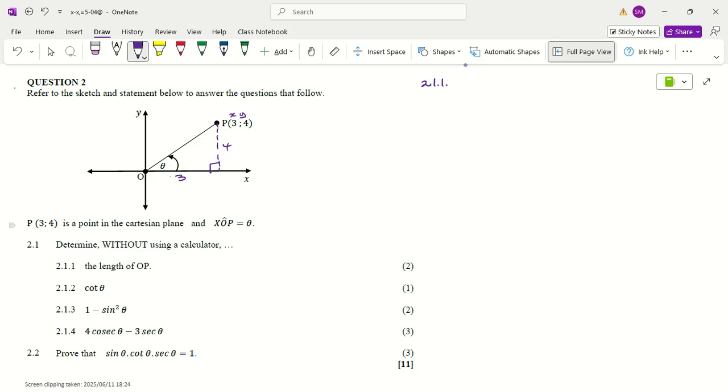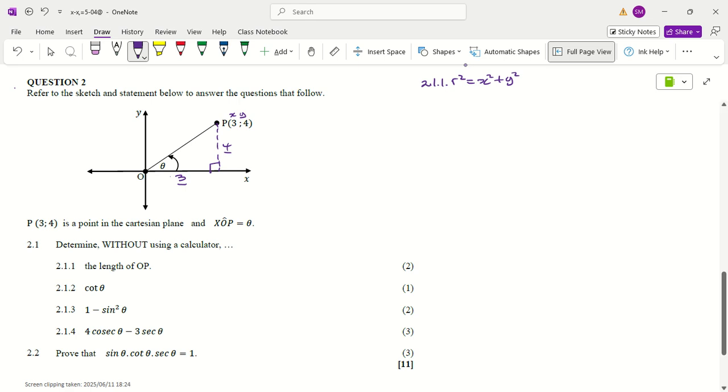It says determine without using a calculator the length of OP, and we can see that we have X, which is 3, and Y, which is 4. So we know that trigonometry in the Cartesian plane uses Pythagoras in the following variables. R squared is equal to X squared plus Y squared. So very simple there.